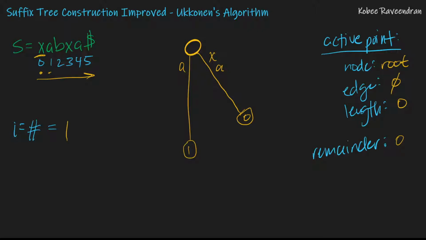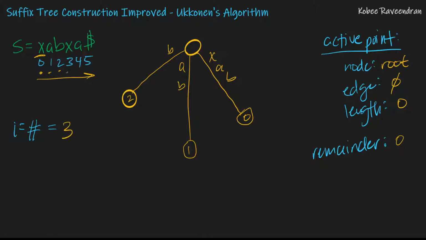Now we go on to the next iteration. I'm on iteration 2. We take in this b, same deal. Add the b to all the leaf edges. Create a new edge for it since there isn't one coming out of the root that starts with b. I've also resolved that suffix, so I can mark it as being the suffix starting from index 2. So far, so good.